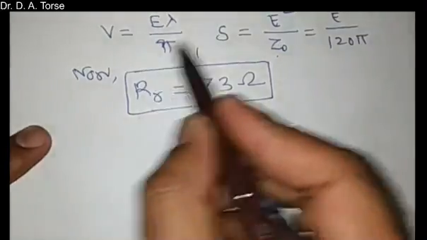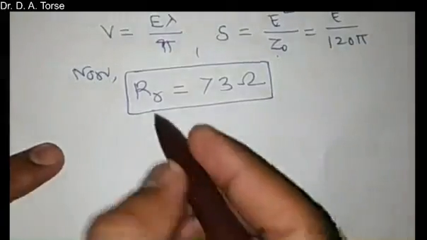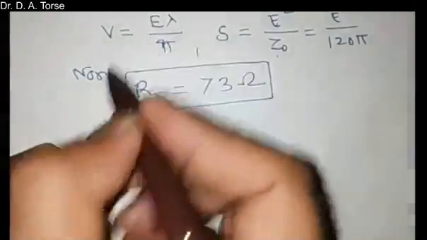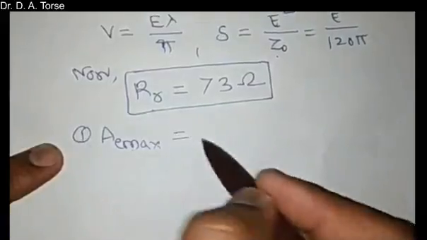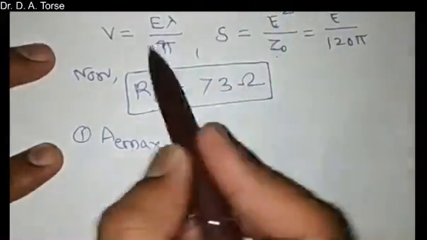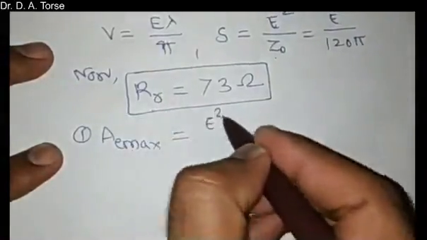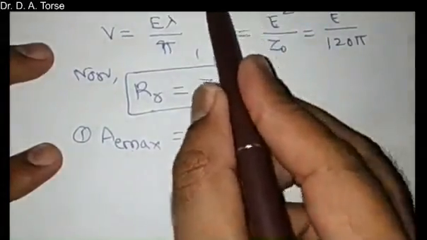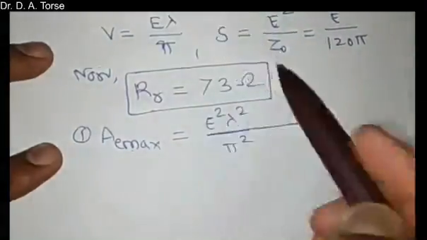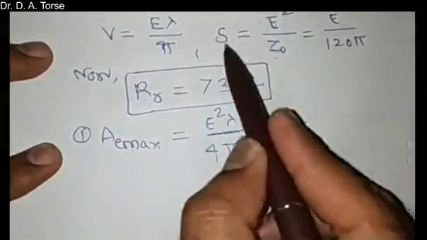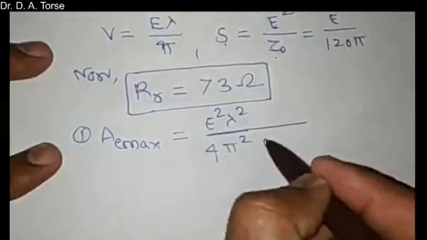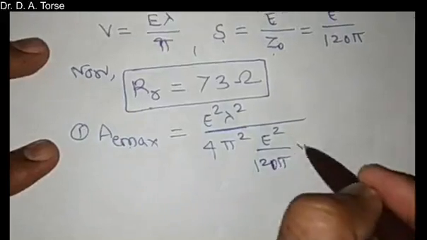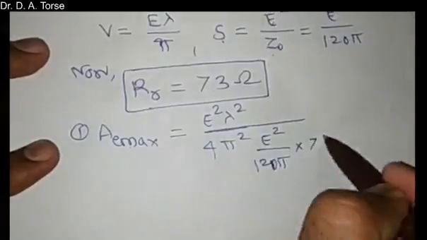So if we substitute all these parameters in this equation, the maximum effective aperture is obtained by substituting in place of V the term E square lambda square divided by pi square, and in the denominator there is already the term 4S. S is the Poynting vector, E square divided by 120 pi, into the radiation resistance, which is 73 ohms.